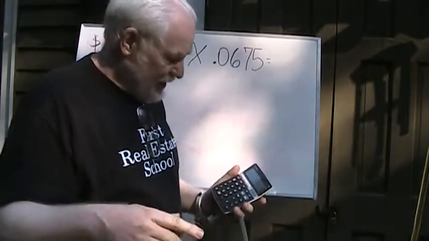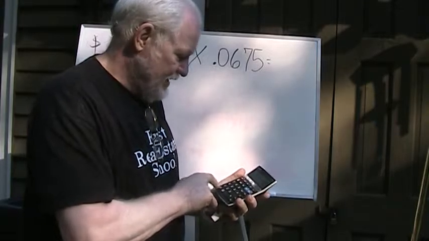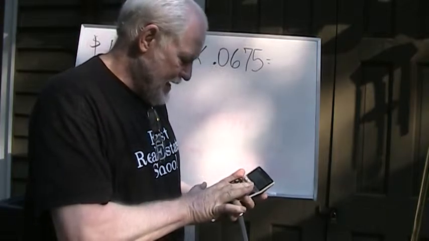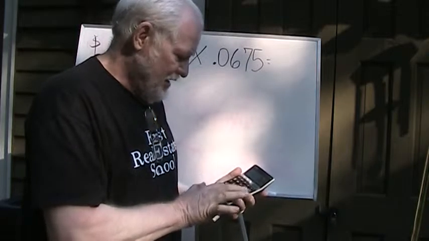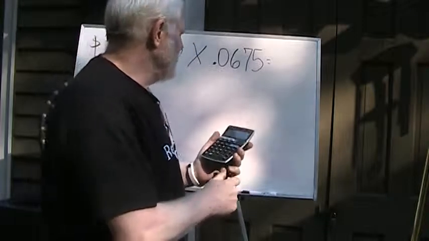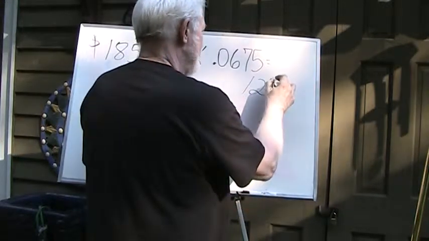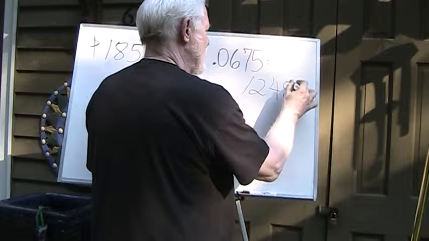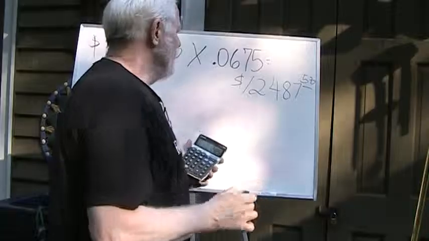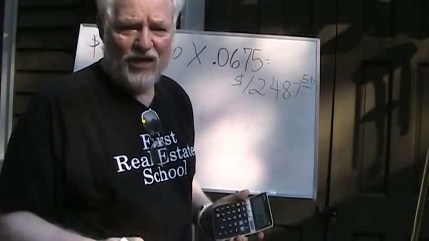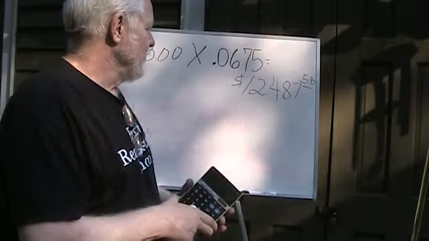If you don't have a calculator, run get one. So $185,000 times 0.0675. The total commission is $12,487.50.